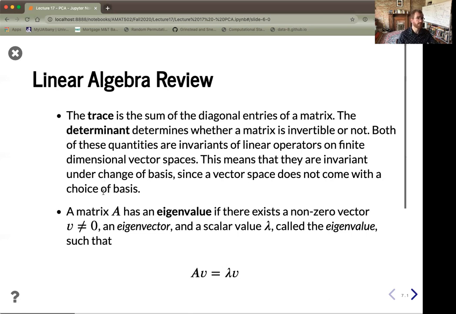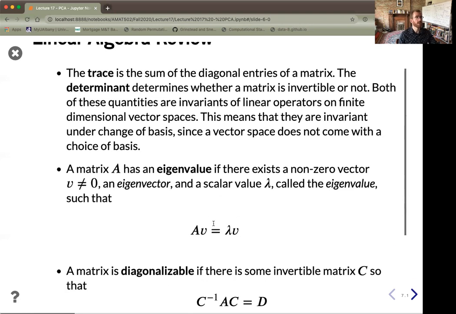If I have some matrix, I can think of this matrix as what's called a linear operator. If I see how it acts on a given vector, and that vector is returned to itself, but possibly scaled by some value, lambda, and that's why these numerical quantities are called scalars, because they scale your vectors.